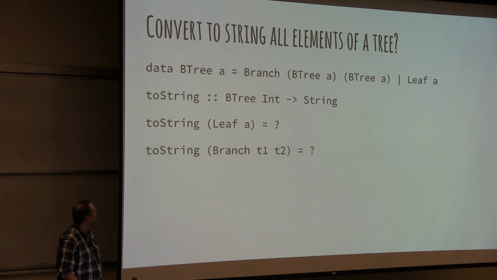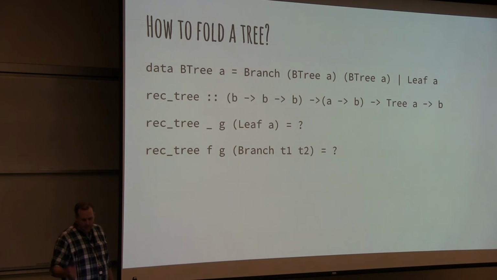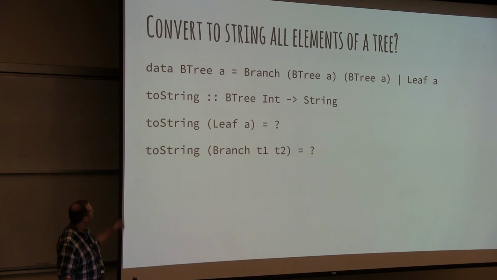Let's do the same with a string. It's also very simple. In the leaf, we just call show to get the string value, and in the branch case, we just concatenate the two strings together. So these are the recursive functions.